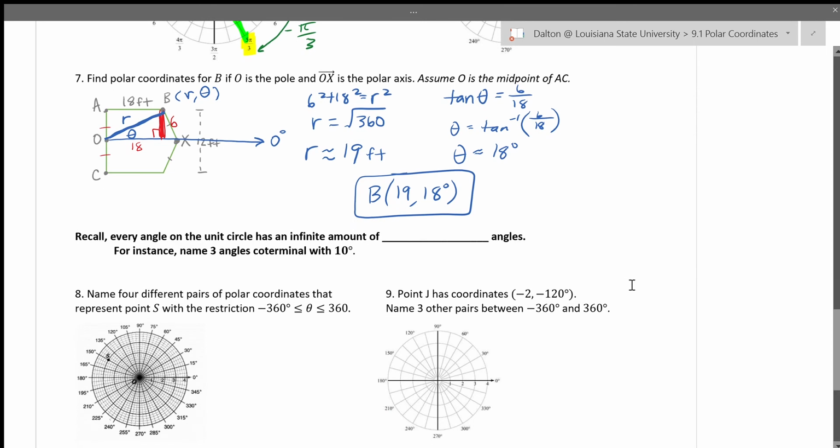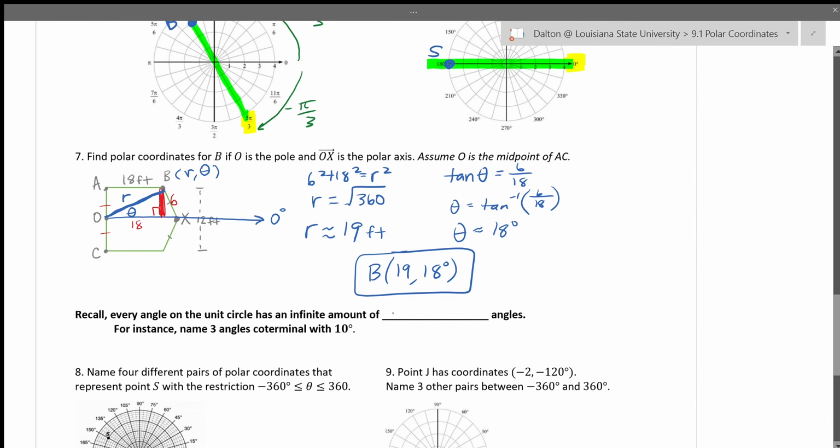Okay, last thing to discuss is remembering that every angle on the unit circle has an infinite amount of coterminal angles. The unit circle is between 0 and 360, or in radians 0 to 2 pi, but we could continue going around and around the unit circle by continuing to add or subtract degrees from our initial starting point.